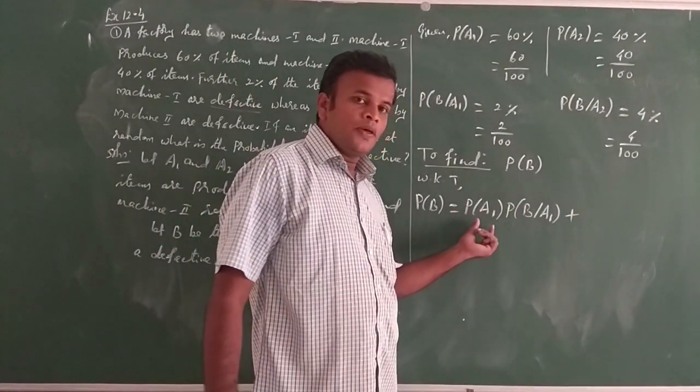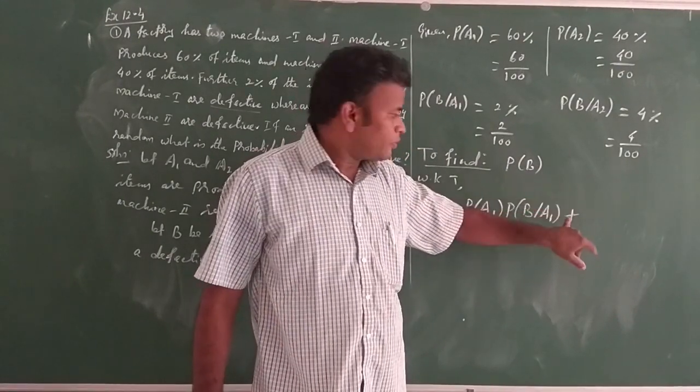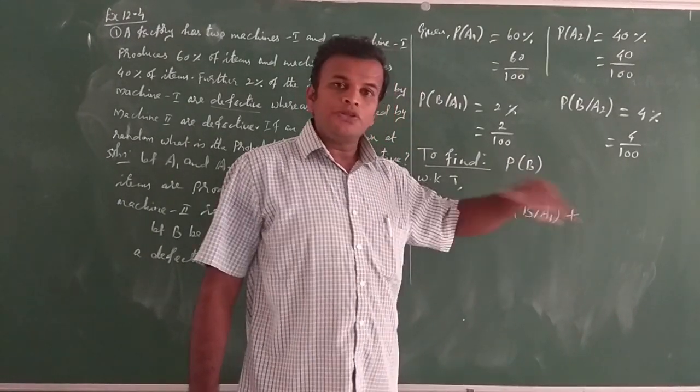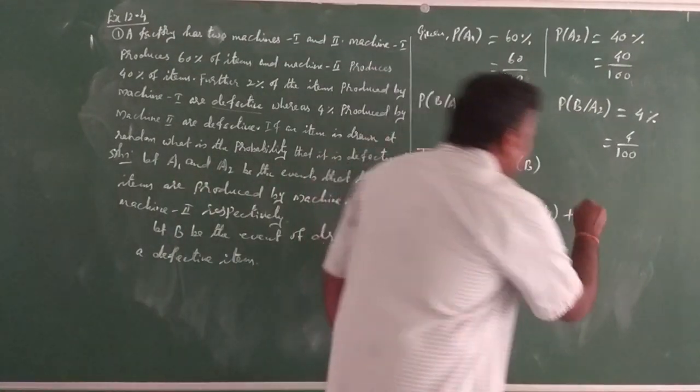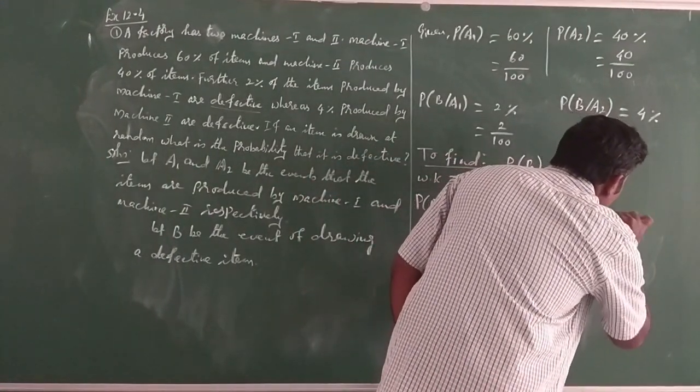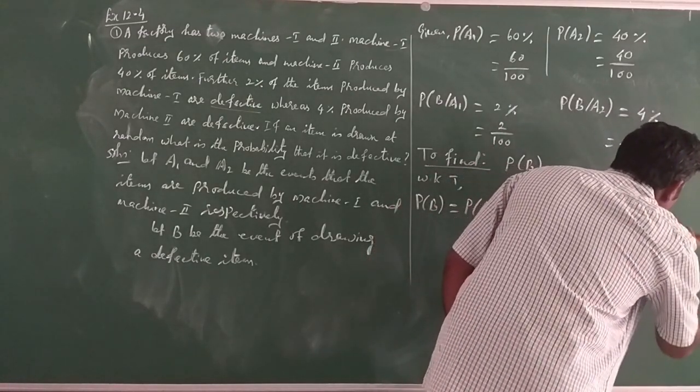Plus, suppose the defective item comes from the second machine also, so P of A2 into P of B by A2.